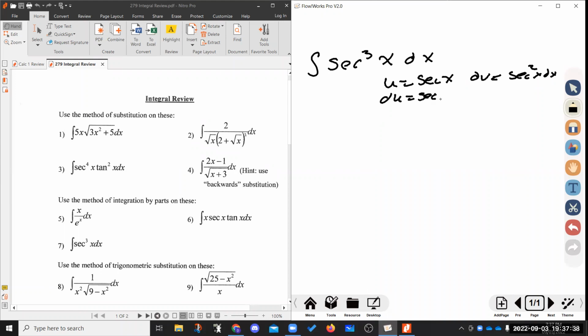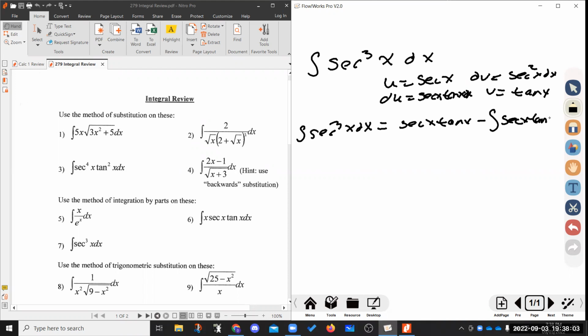Du is going to be secant x tangent x dx, and v is going to be tangent x. So integral of secant cubed x dx is going to be equal to uv, secant tangent, minus the integral of v du, secant tangent squared, like that.